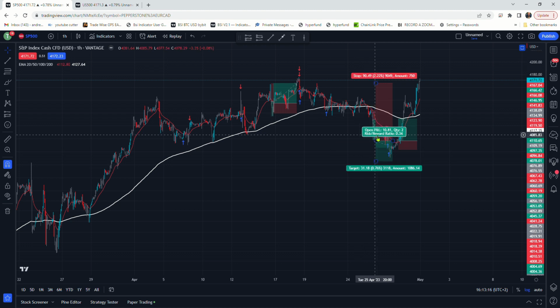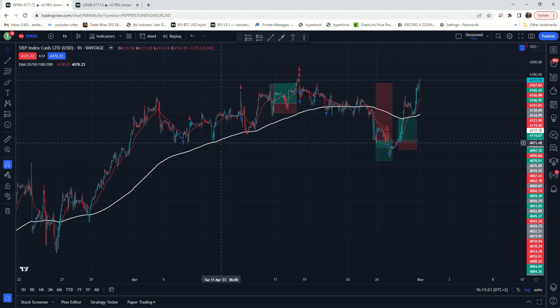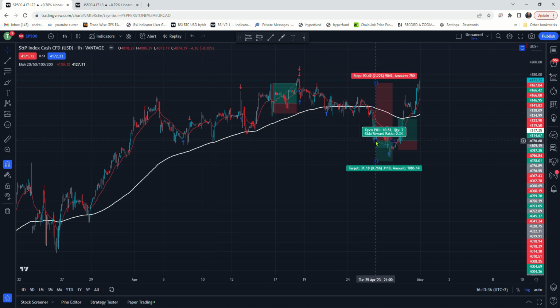Well, from this point here, we were right at the very bottom, because we've got strong resistance there, which was respected, strong resistance there, which was respected, and the resistance there that was respected, and it went up.